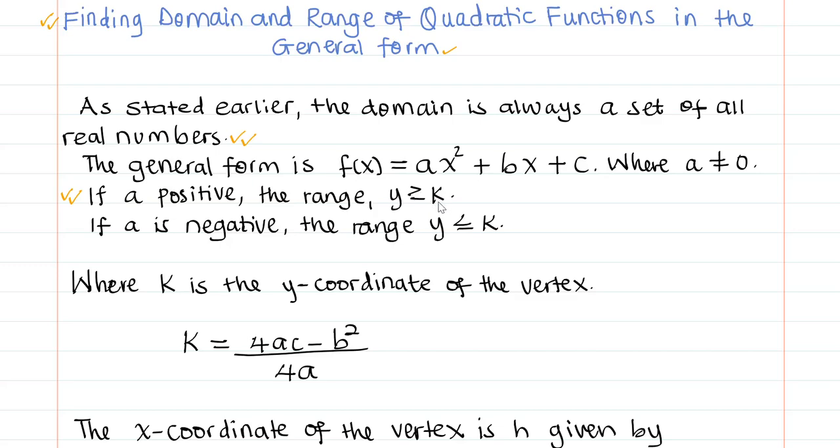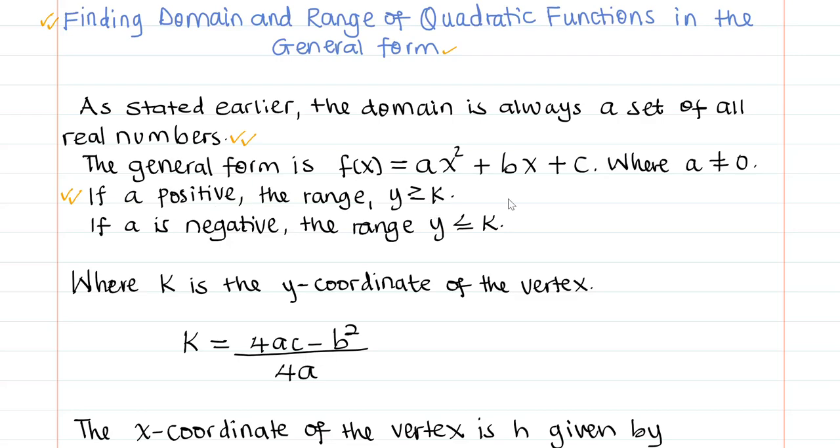I did not define the terms, but they will be defined down below shortly. k is the y coordinate of the vertex. So if a is positive, then the range y is more than or equal to k, where k is the y coordinate of the vertex.